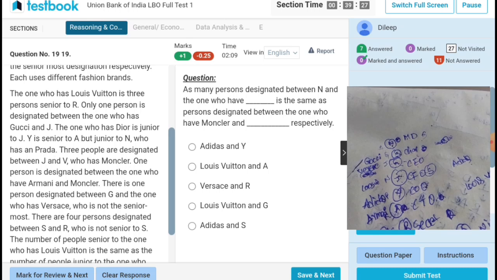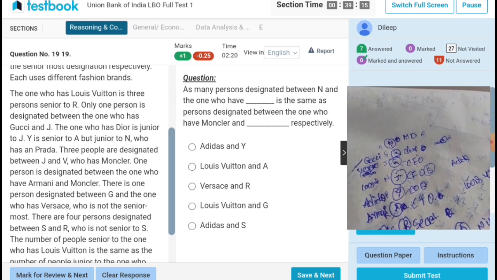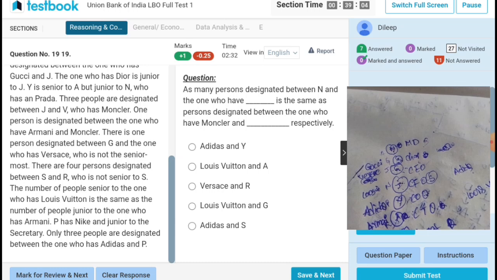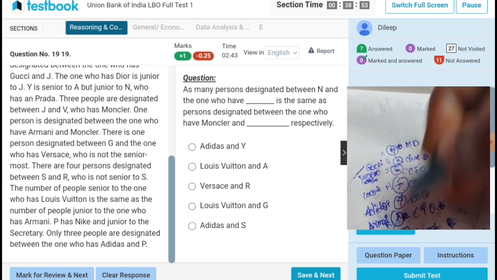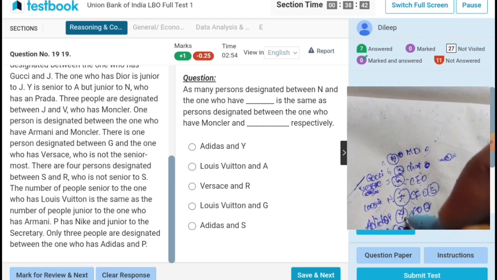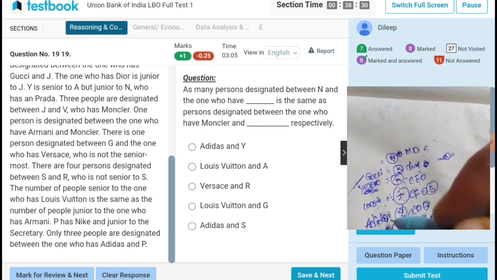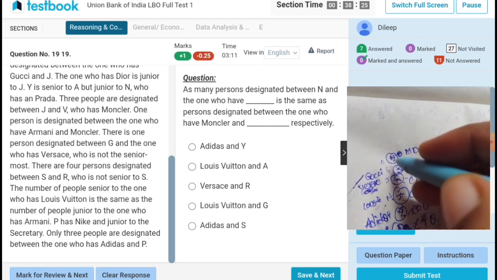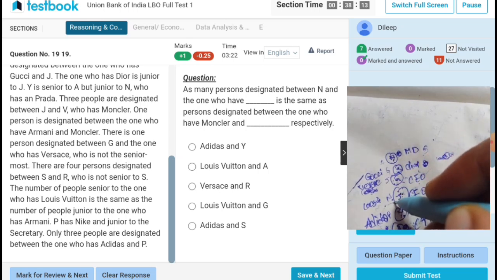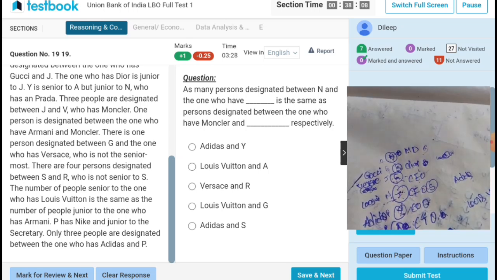Y is senior to A but junior to N. N and Adidas. N and Adidas and S.